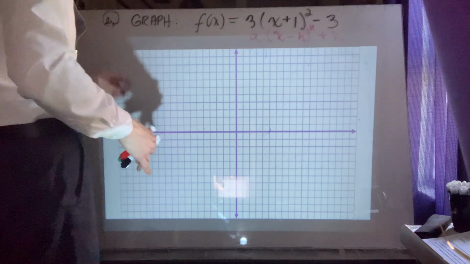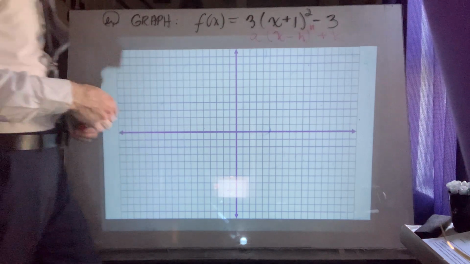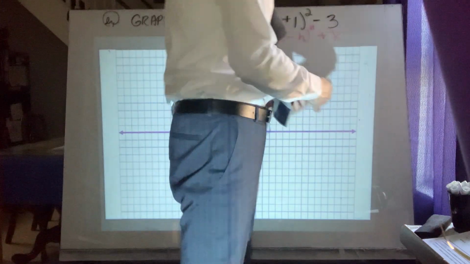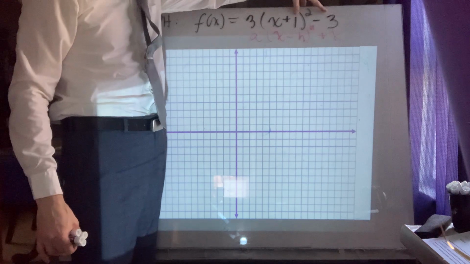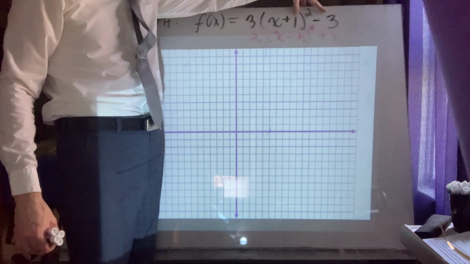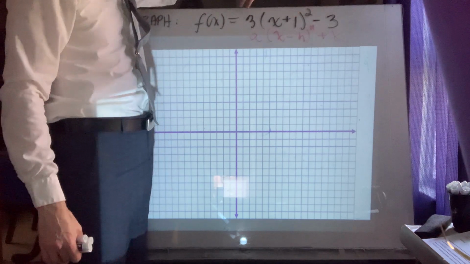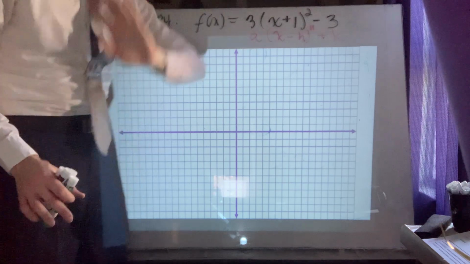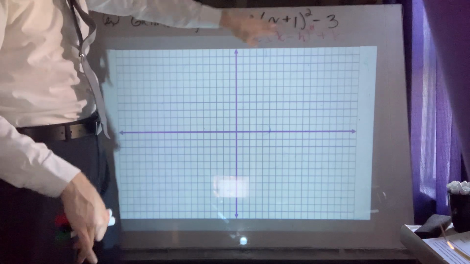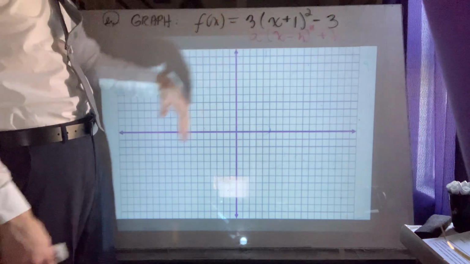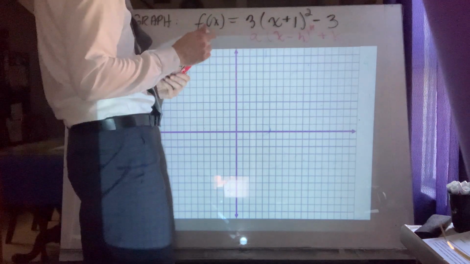All right, so if I'm going through the list here of good things to look at, identify whether you have the standard form or the vertex form. This is the standard vertex form. So there's a couple of things immediately that you could tell.